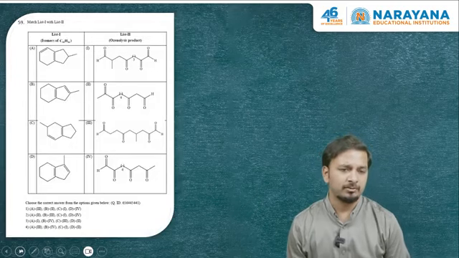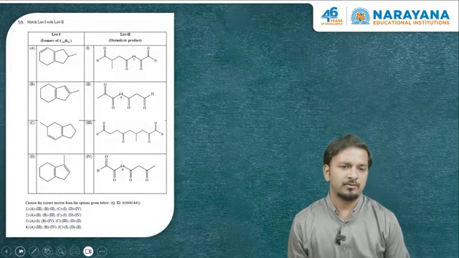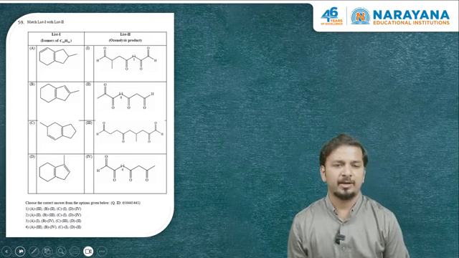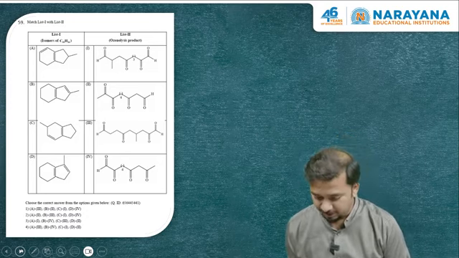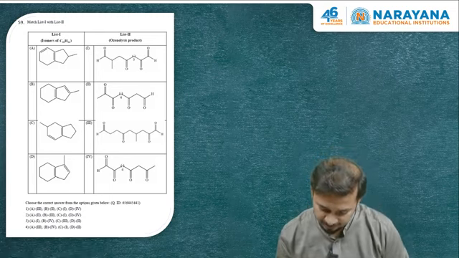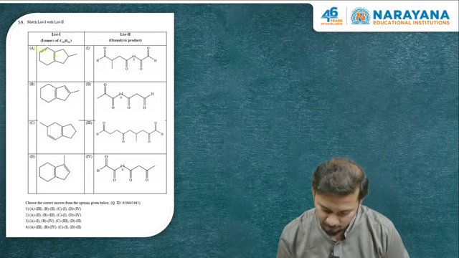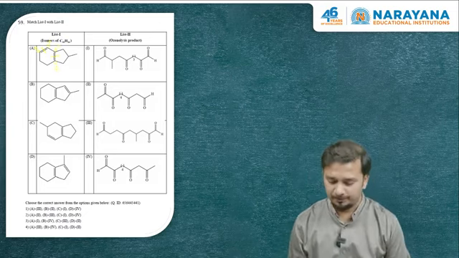Moving to the next question, they have given isomers of C10H14 and they are asking for the ozonolysis product of the reaction. What we can do is break the bonds like this and add double bond O, double bond O, double bond O and double bond O over here.